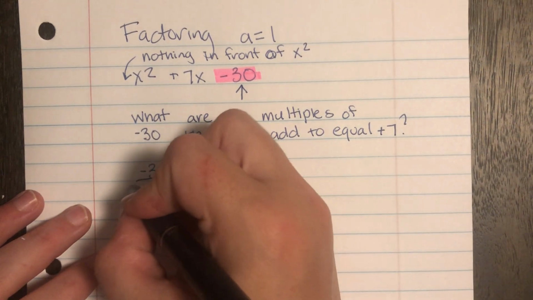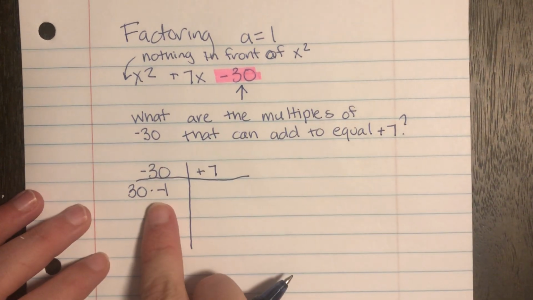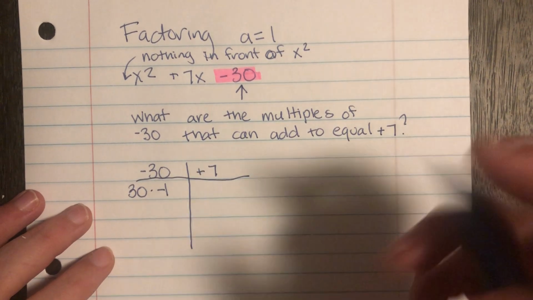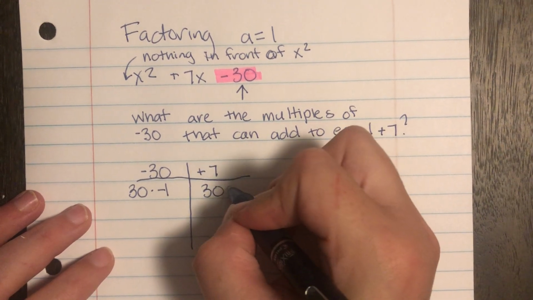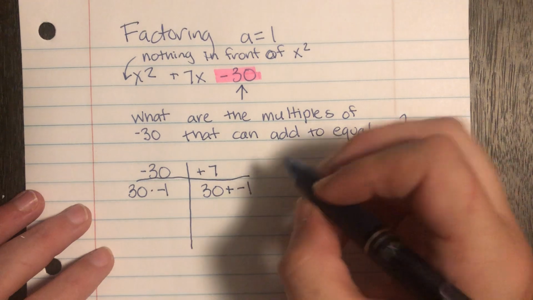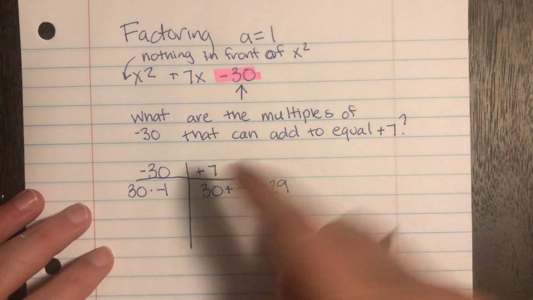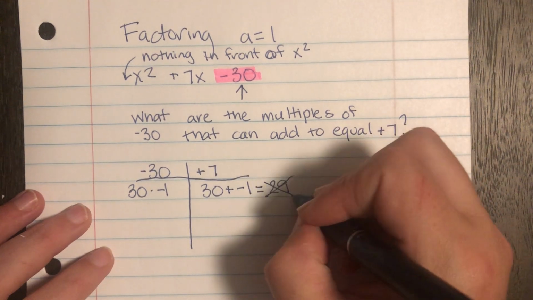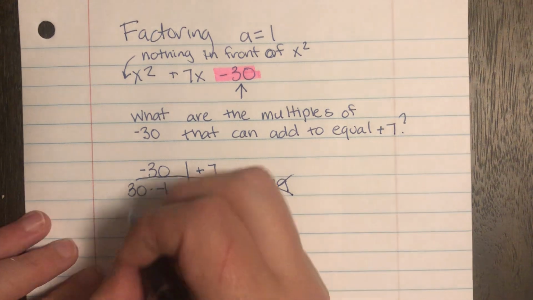A lot of the times, this is the one that students forget exists. They forget that times 1 is an actual math problem for this. So if I were to solve this one with addition, 30 plus negative 1 equals 29. That does not equal 7, so I am going to put an X through that. That is wrong. I cannot use this multiplication.